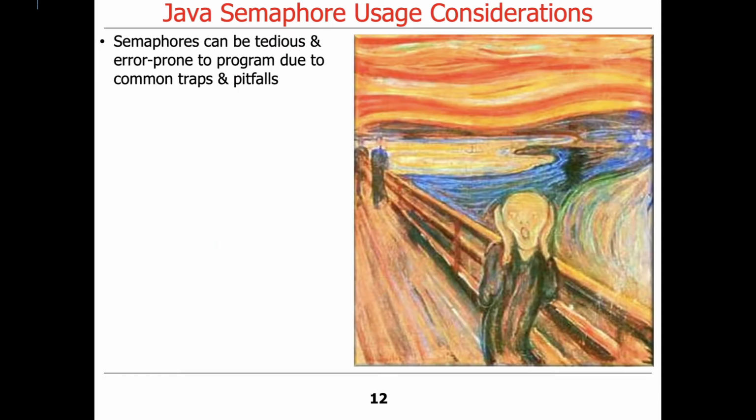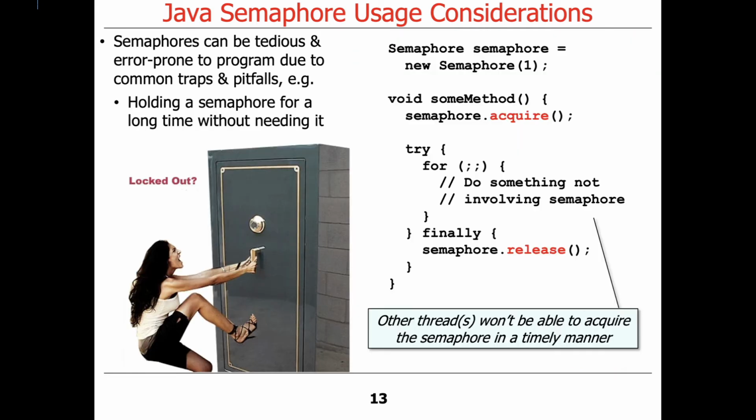Now, something else we have to talk about, if we're being candid, is that semaphores can be tedious and error-prone to program due to various common traps and pitfalls. So here are some examples of things that can go awry and get you into trouble. One problem is holding a semaphore for longer than you need to, so other threads can't get in to do their thing. Here's a very simple example.